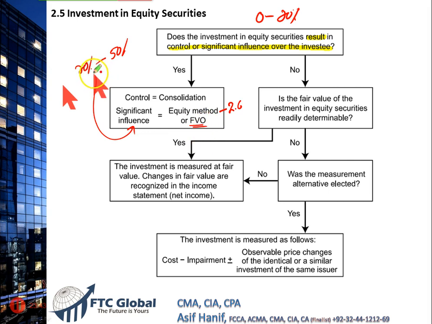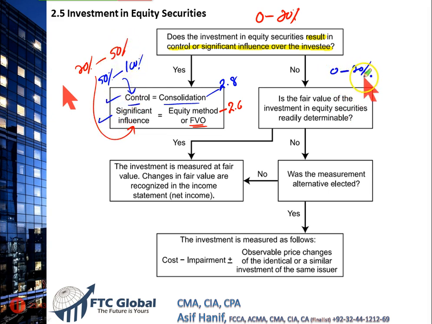If your investment is between 50% and 100%, you exercise control, and then you must consolidate, which we will discuss in topic 2.8. But if your investment is between 0 and 20%, you do not exercise control or significant influence. So if there is more than 20% investment, you go for one of these two.